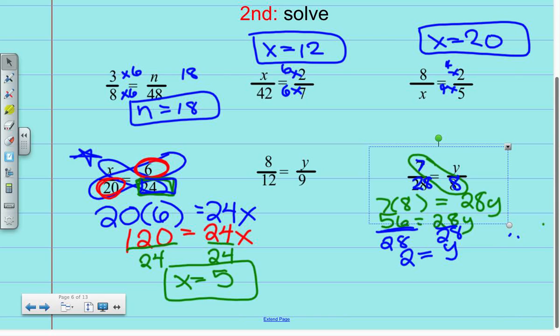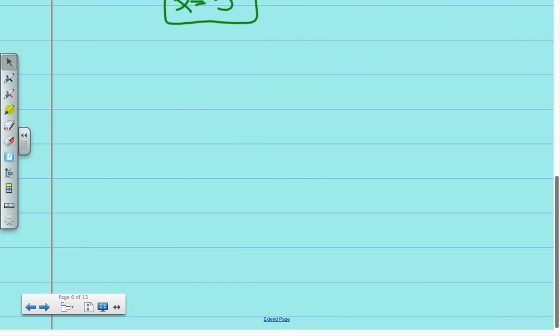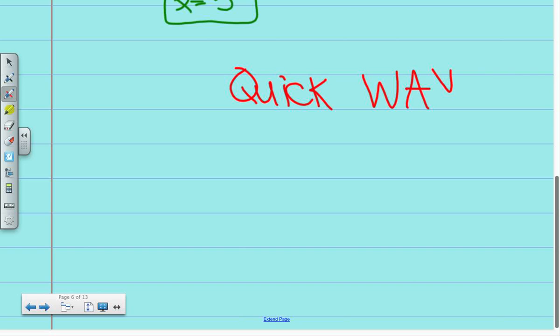So what I want you to write in your notes is make a heading that says the quick way to solve proportion, okay?